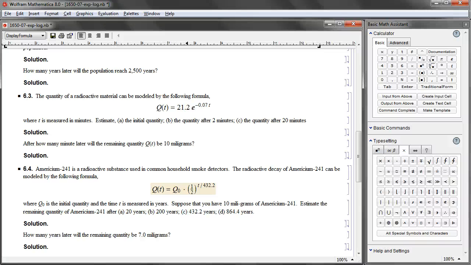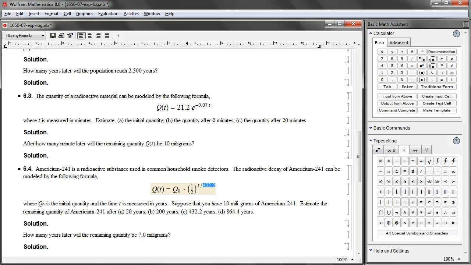The radioactive decay of americium-241 can be modeled by the following formula. The reason is because the half-life is 432.2 years. You can find this out by going to a web browser and doing a Google search, or looking at Wikipedia, and that's how I found the half-life and then devised this problem.